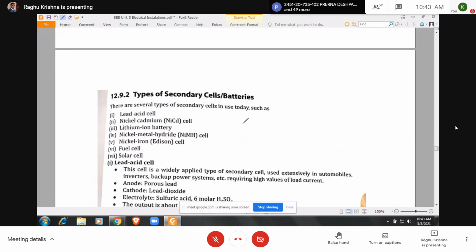Students, welcome back. Types of secondary cells. Secondary cells means rechargeable cells.